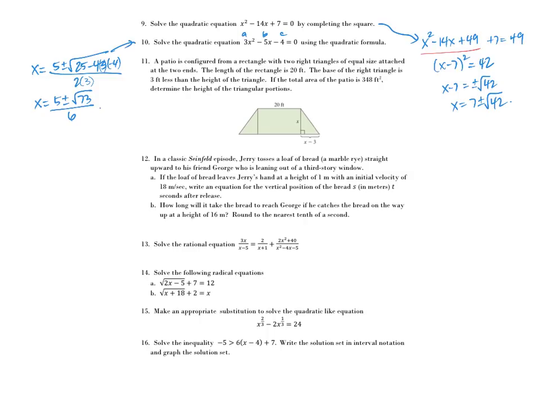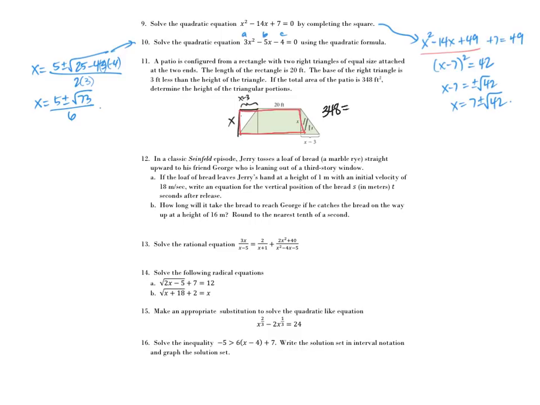Okay, one thing you might notice is that this triangle here can fit over here. And so then I have that the patio becomes a rectangle with height x, and the width is 20 plus x minus 3. So I know that the total area, 348, should be equal to the area of this rectangle now.